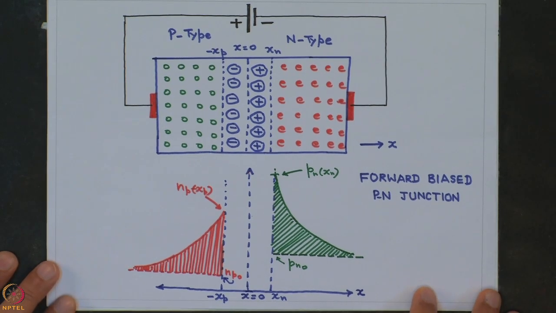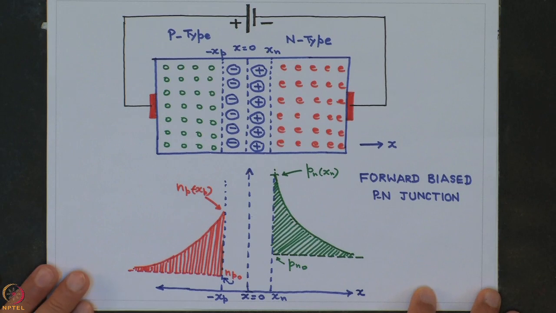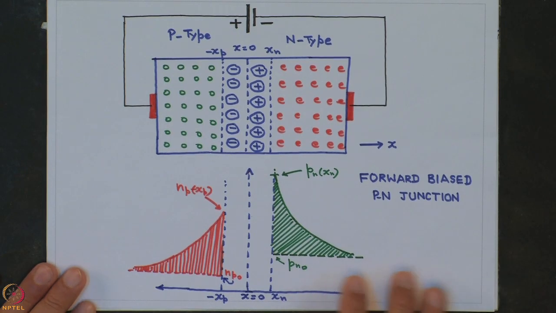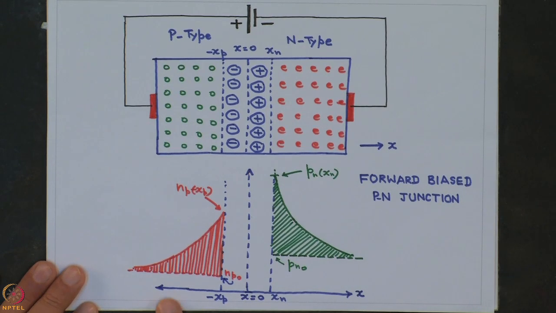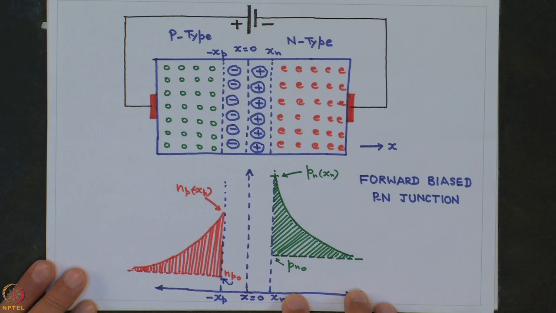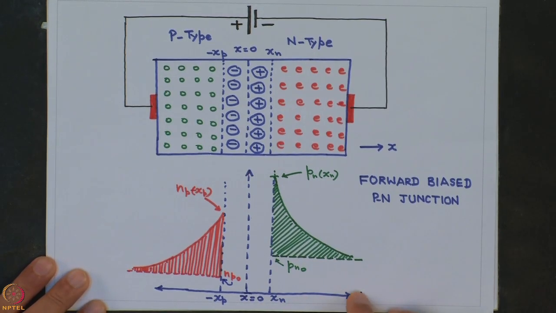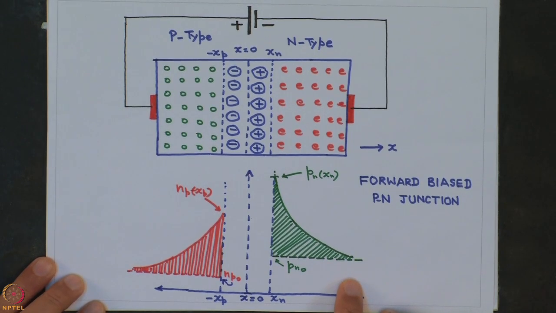Now under the equilibrium condition, I have plotted the concentration of the minority carrier holes on the N side and the minority carrier electrons on the P side. Let us just consider the N type side. Now because of this concentration profile that you see, there is a diffusion gradient and the holes tend to flow from left to the right.